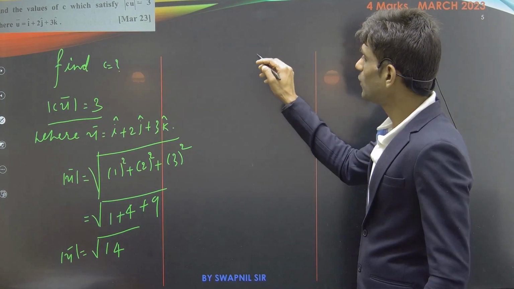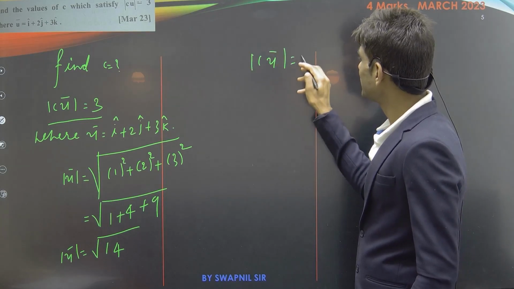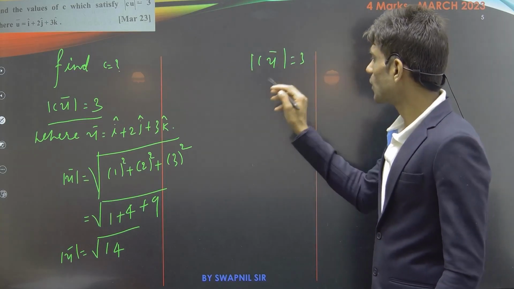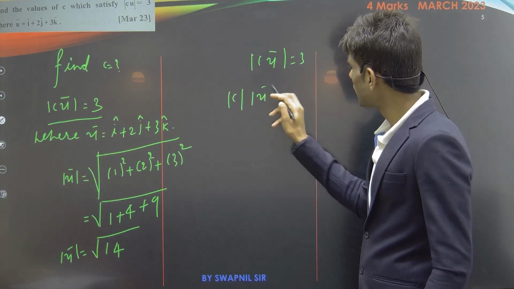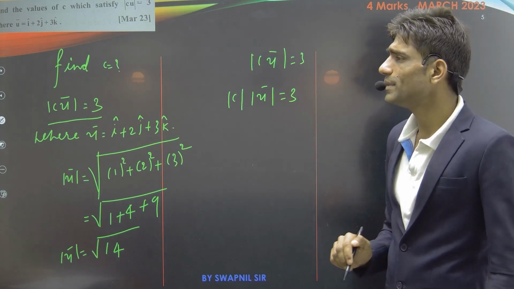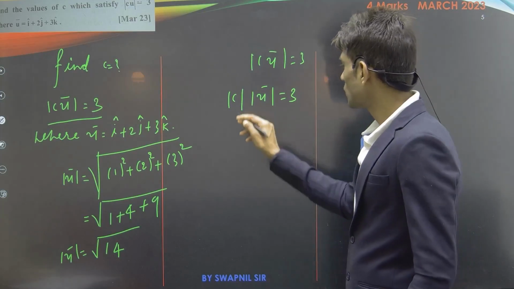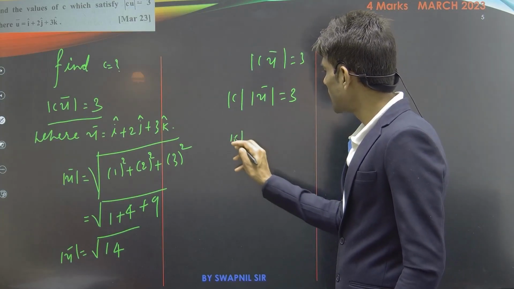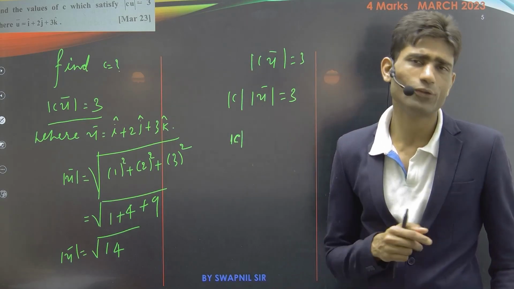As both are modulus quantities, all values are positive. Keep modulus of c as it is, as we don't have its value, because we want the value for modulus of c.